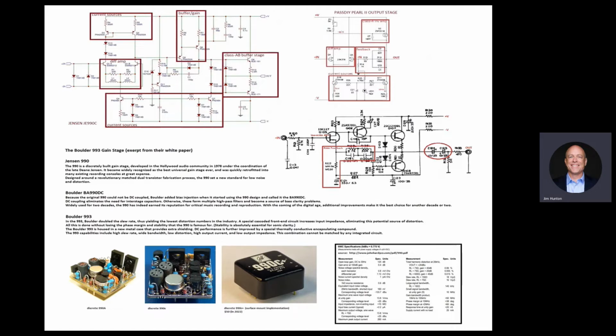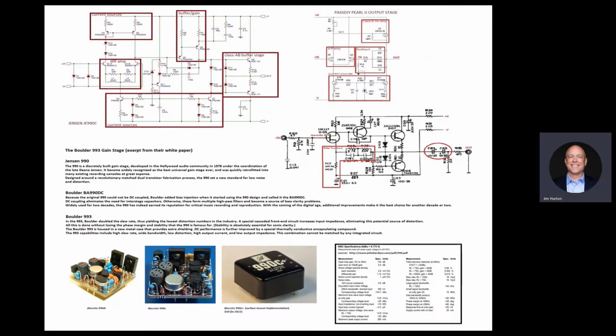I want to show you the evolution of that. Balder basically bought the 990 and built their first amplifiers with the Dean Jensen amplifier modules. And then they decided, you know, we need feedback. And they needed DC feedback.